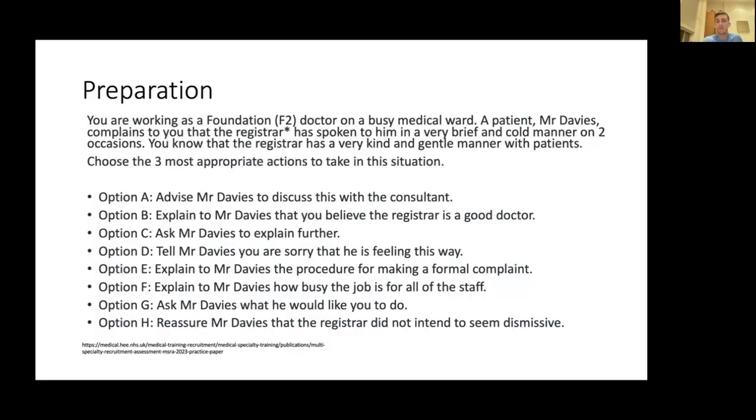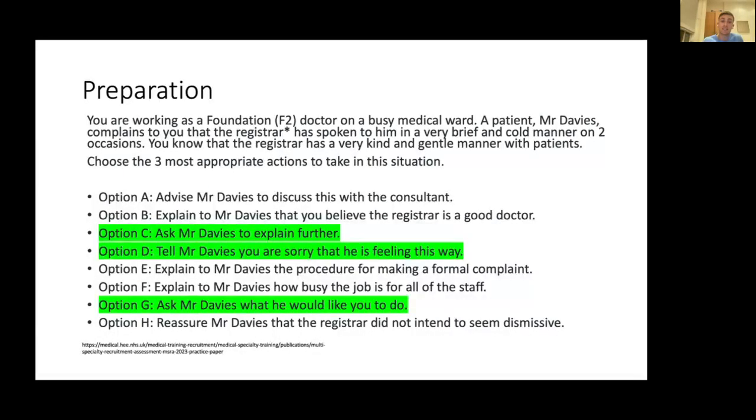So again, patient is a bit unhappy with how they've been treated. The answers here are C, D, and G.